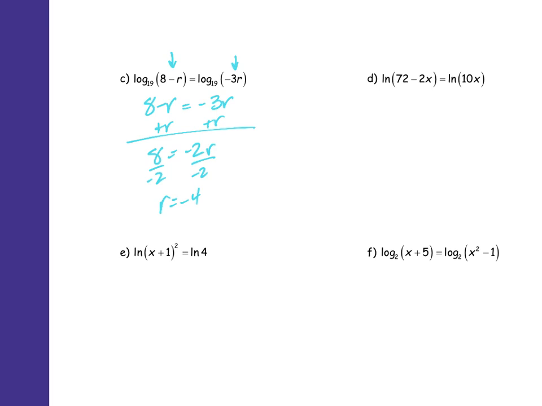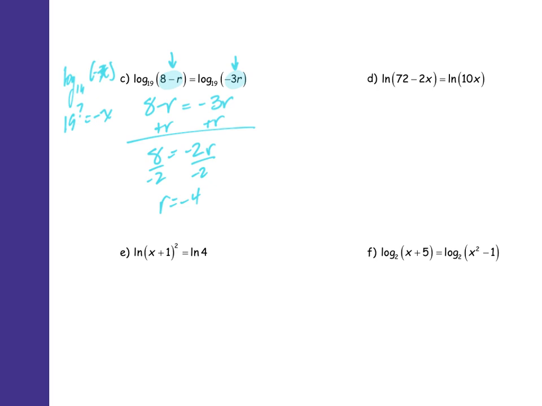So I can't say that log base 19 equals some negative number, because 19 to no power will equal a negative number. So this number right here, this number right here, or this number right here cannot be negative when I substitute an answer in.